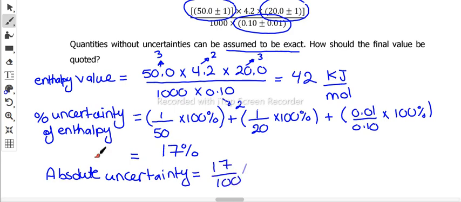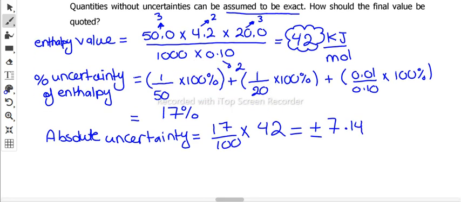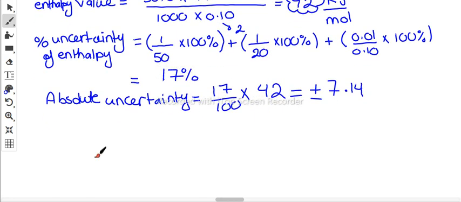Then I'm going to multiply by my value, which is the 42. So your final answer is plus minus 7.14, and since your final answer is without any decimal, we're going to write it as plus minus 7.